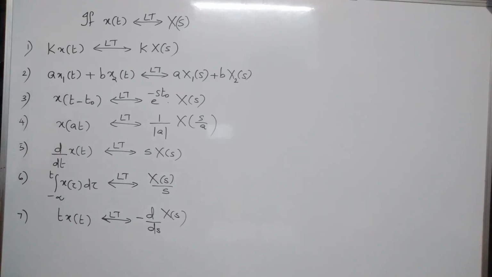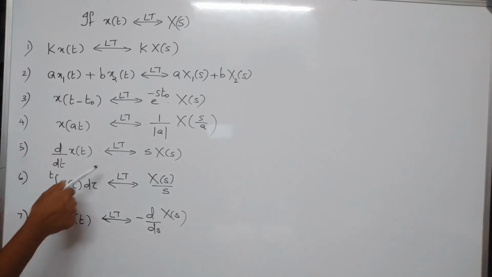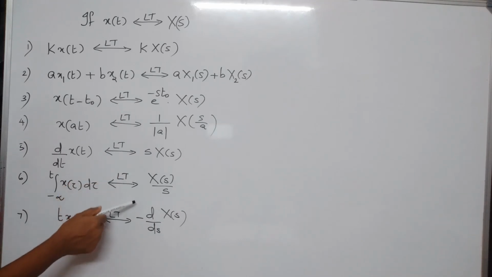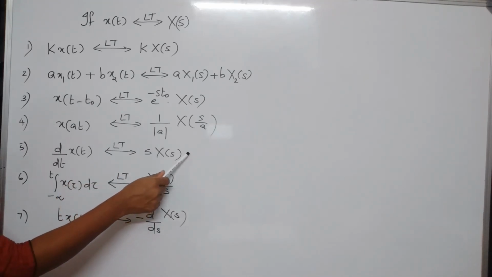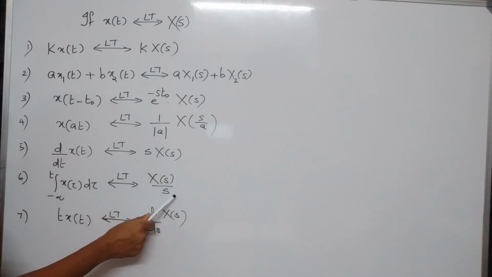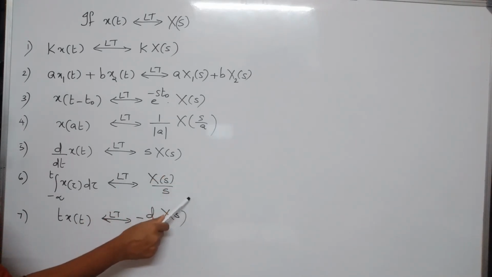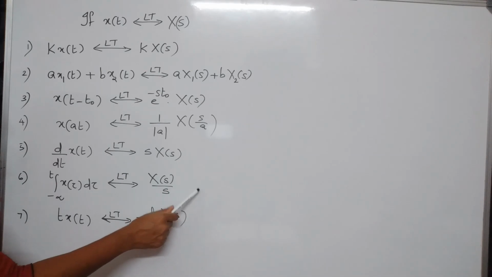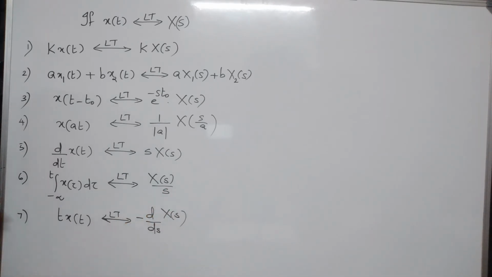Now if initial conditions are given, then these two properties will have an addition of the initial value also. Here you will have to write minus x of 0, the initial value, and here plus 1 by s into the integral from minus infinity to 0 of x of tau d tau. And then finally we learned the initial value theorem and final value theorem.